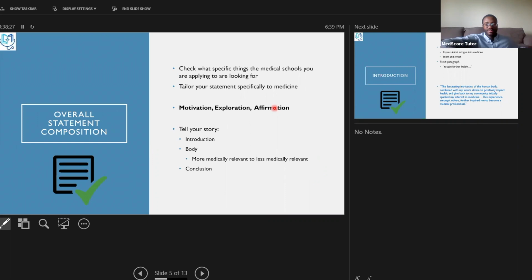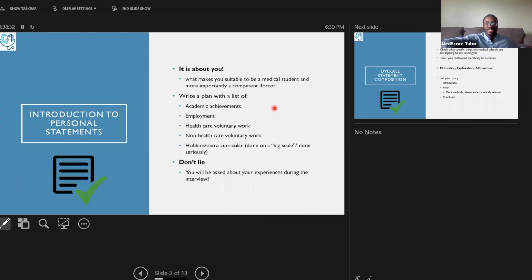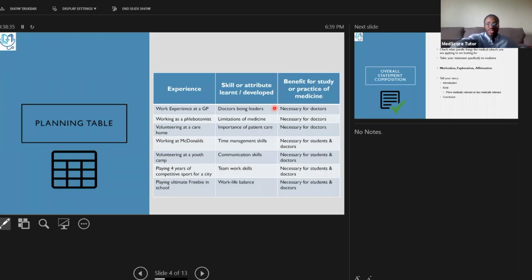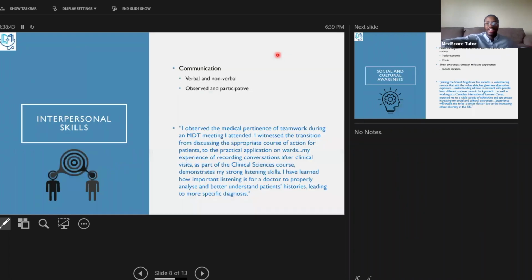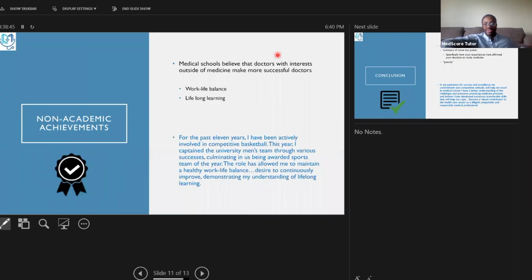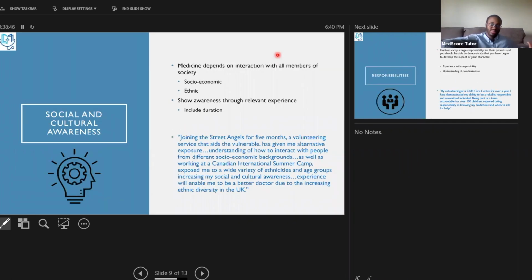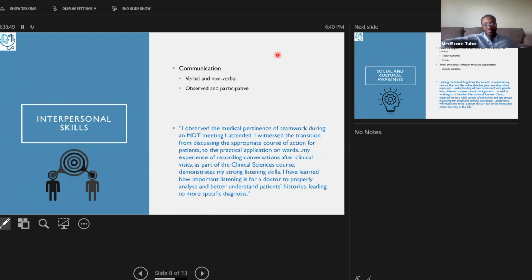And then you want to go through the body of your personal statement, looking at what your experience was, what skills you learned, and what benefit it has for you as a medical student or medical professional, or how you prepared for that. And you want to look at all these different skills, from most clinically relevant to least clinically relevant, most recent to least recent, and making sure that you're touching on specifics.